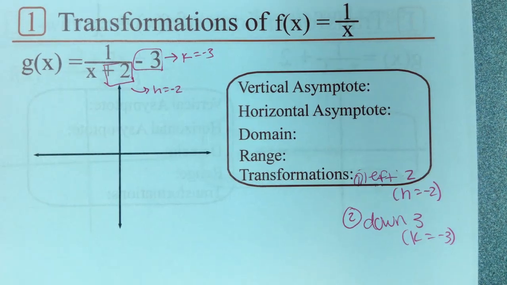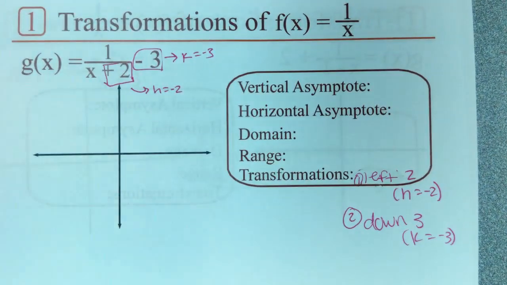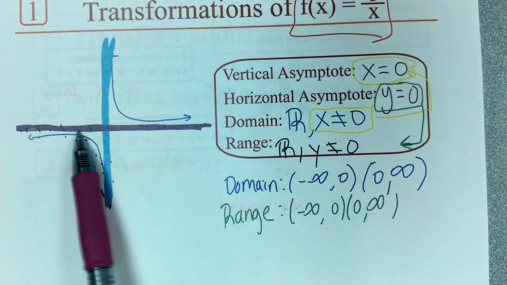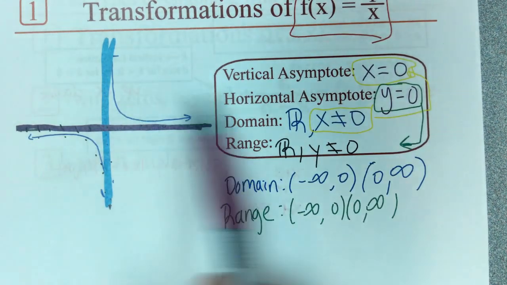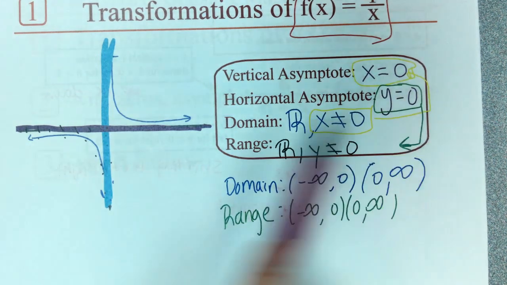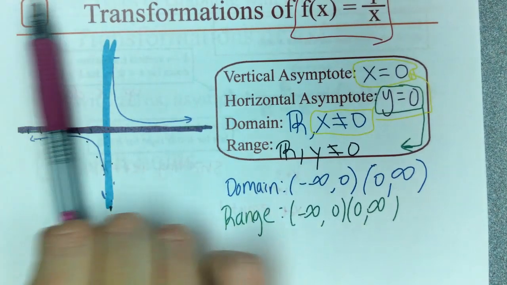Alright, so when we're shifting our functions, the easiest thing to shift first is going to be these asymptotes. So our horizontal asymptote was at y equals 0, and our vertical asymptote was at x equals 0. So when we shift left and right, we're just going to be shifting that vertical asymptote.